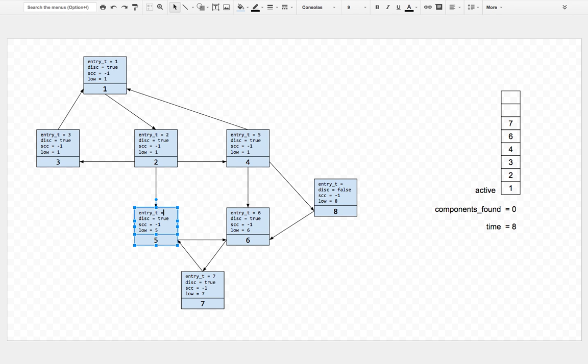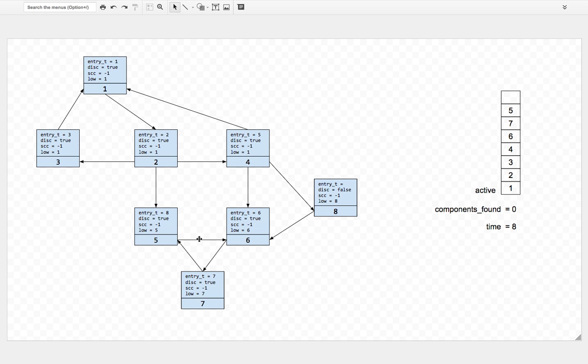We note that the entry time was 8. And again, notice that this entry time is different than the label on the vertex here, and that's totally fine. So then from here, we have to process this vertex early, which means we push it onto the stack.